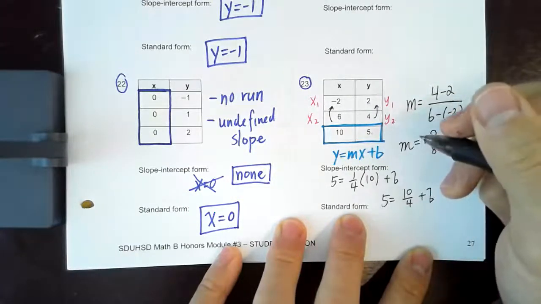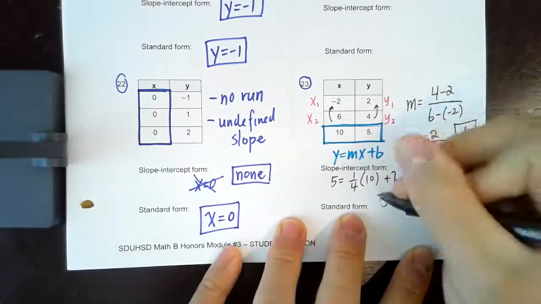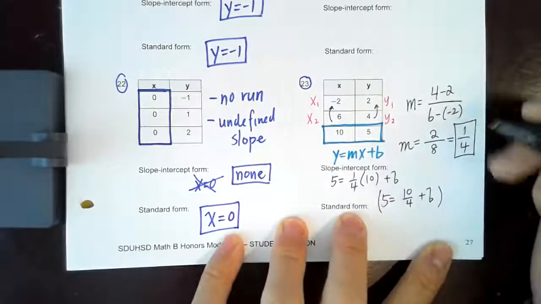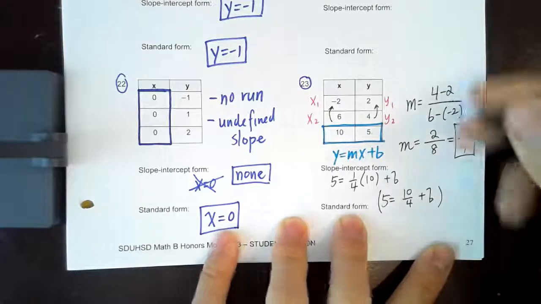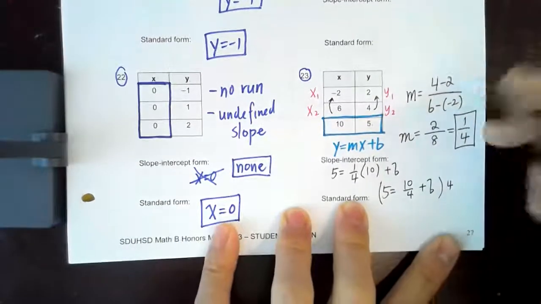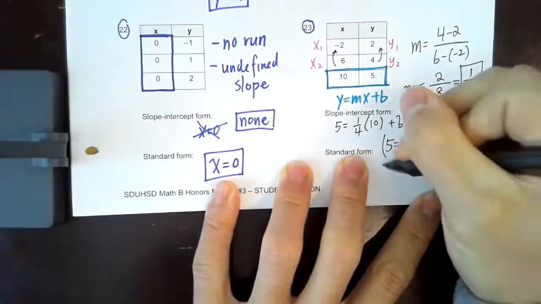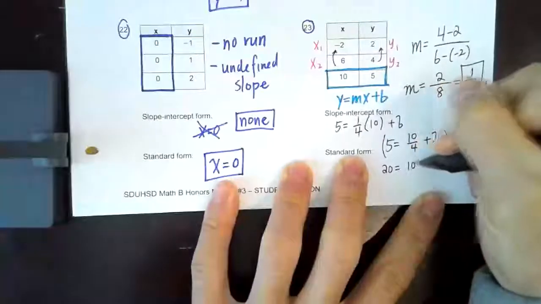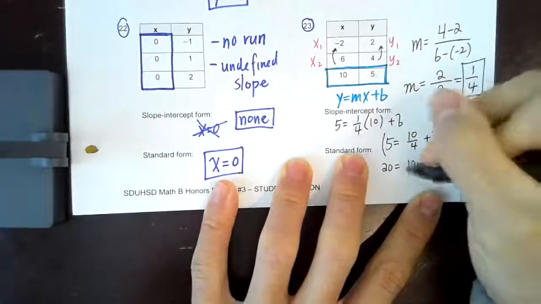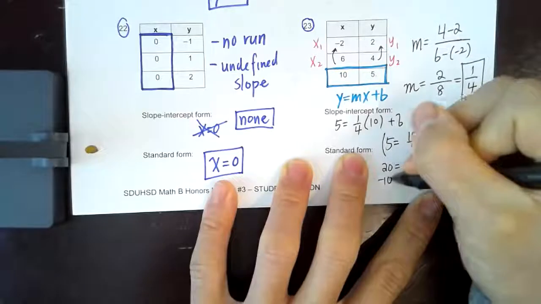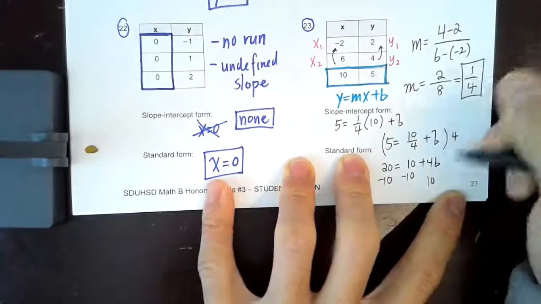And we have to solve for b, right? 10/4 is actually 5 halves. 5 halves is actually 2.5. I'm going to do something really fun here. Oh, actually, no, I probably shouldn't do that. Oh, well, I'll do it anyways. I'll multiply everything by 4, and I get 20 is equal to 10 plus 4b.